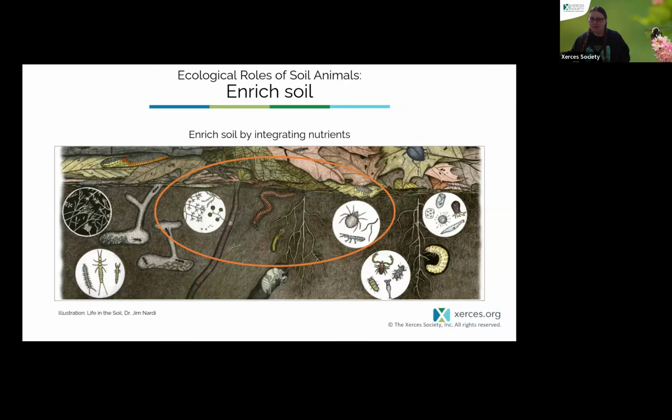Enriching the soil, they integrate those nutrients. So the animals that are burrowing or tunneling mix those nutrients and minerals between soil layers, influencing soil structure, fertility, infiltration, water holding capacity.